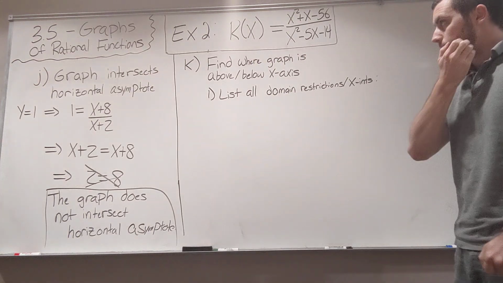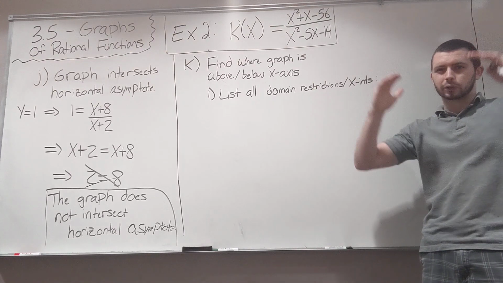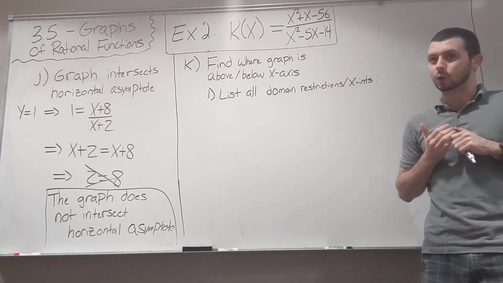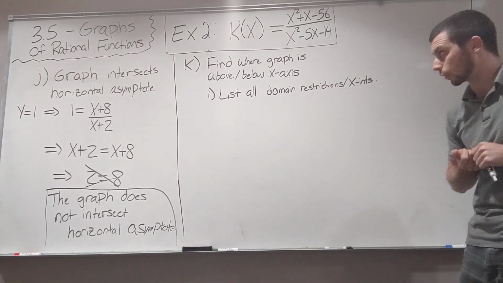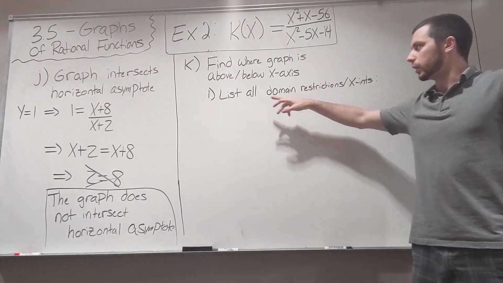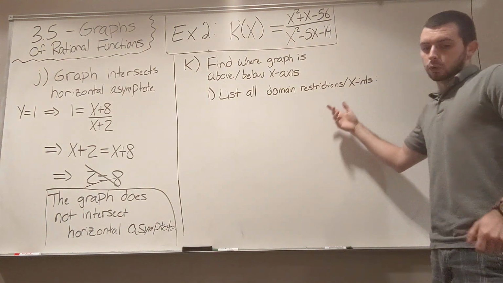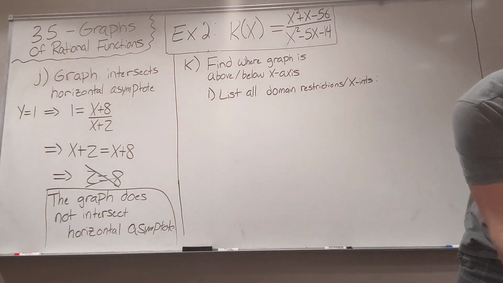There's an elaborate sequence of steps we have to follow in order to determine this. The first step is to list all the domain restrictions and the x-intercepts. We found those already.